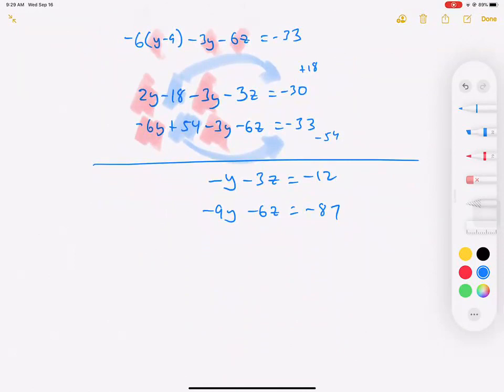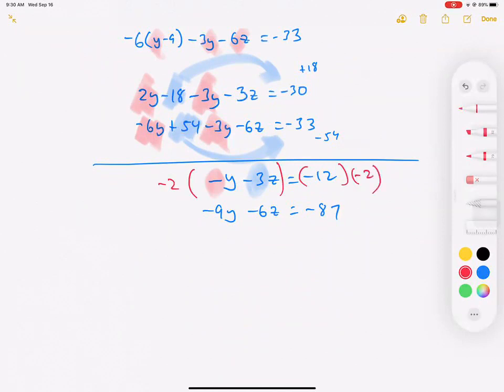Our last step here, we're going to say, hey, do you guys want to get rid of the y's or z's here? For me, I'm more comfortable getting rid of the z's because I just need to multiply by 2. If I wanted to match the y's, I would have to multiply by the number 9, so that's too big. And for us to cancel, I'm going to multiply it by a negative 2. Multiply both sides by negative 2.